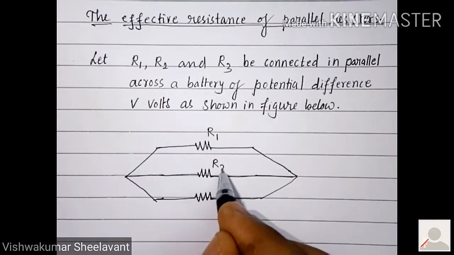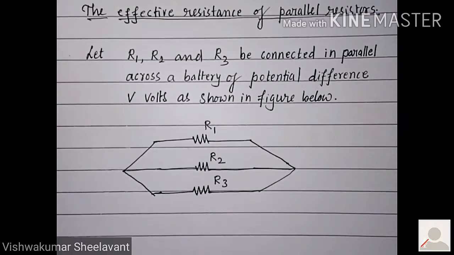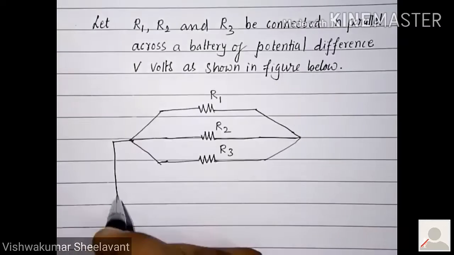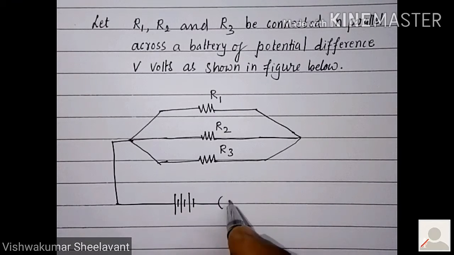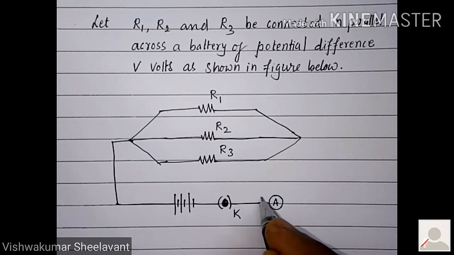R1, R2 and R3 in parallel. To measure current, you can connect one ammeter.